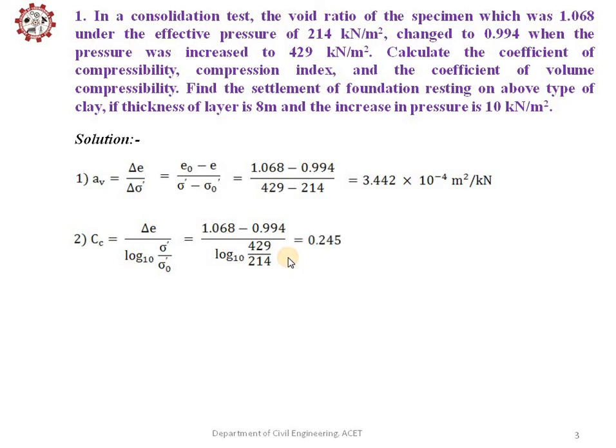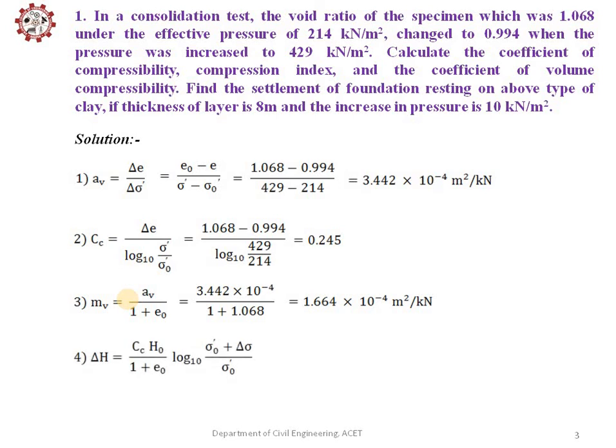So this comes out to be 0.245. And the third, coefficient of volume compressibility, mv equals av upon 1 plus e0. So this comes out to be 1.664 into 10 raised to minus 4 meter square per kilonewton.